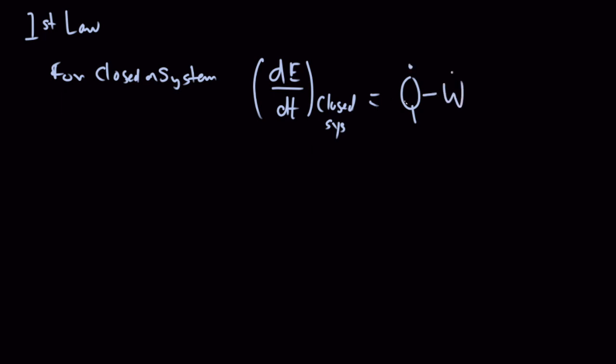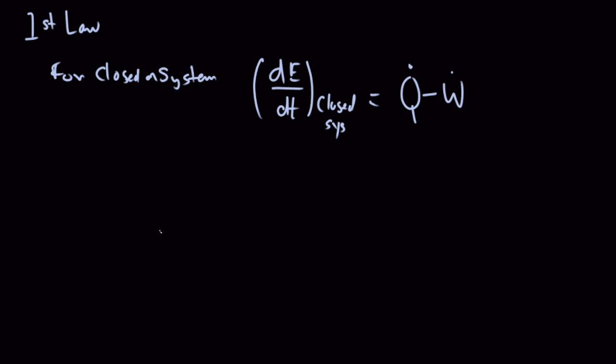Now we saw what Q and W were relative to a control surface. That's the only thing that can cross the boundary in a closed system. In an open system, we now introduce flow rate as the other thing that can cross the system. So this is in rate form.